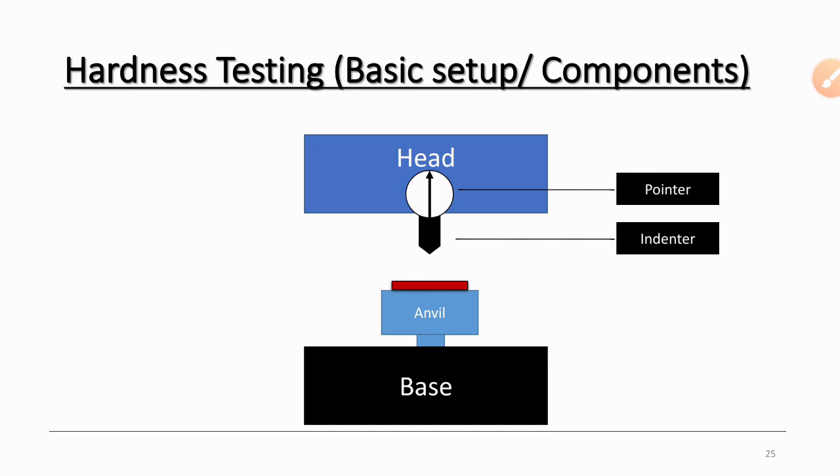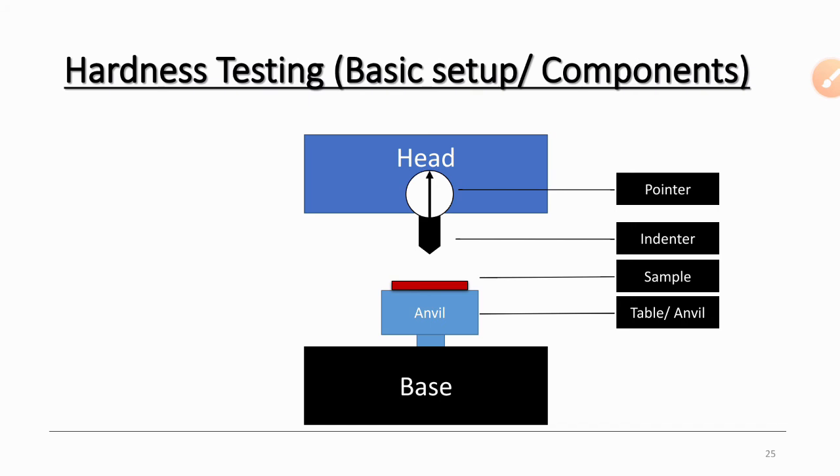So the anvil is one of the work holding devices. This is the table, or anvil. On the anvil we place a sample which needs to be tested. And what will we do now? We add some major or minor loads.